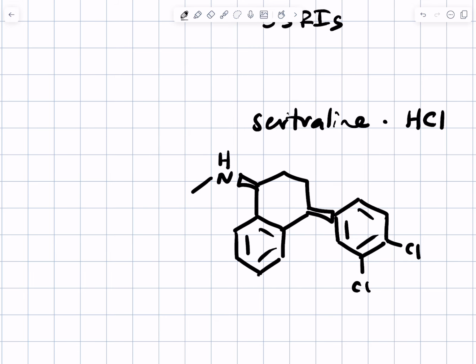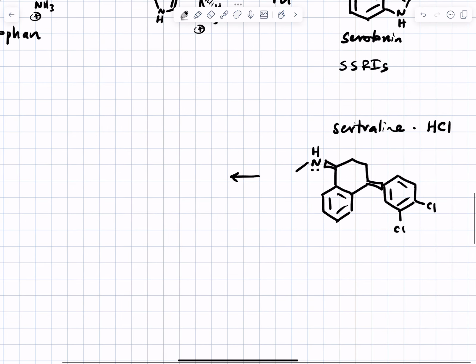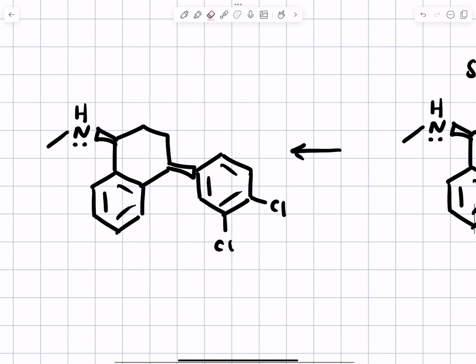It turns out what they're actually doing is adding HCl, but the sertraline itself is a base. That nitrogen is basic. And so all they're doing is protonating the amine to form the ammonium salt.